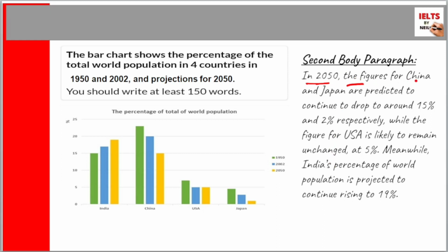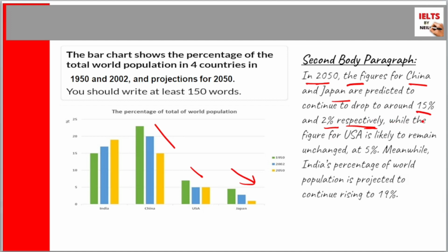The figures for China and Japan are predicted to continue to drop to around 15% and 2% respectively. So China and Japan are decreasing. As I've explained before, 15% belongs to the first one and 2% belongs to the second one, because we have used the word respectively. This is a very important word for writing task 1.